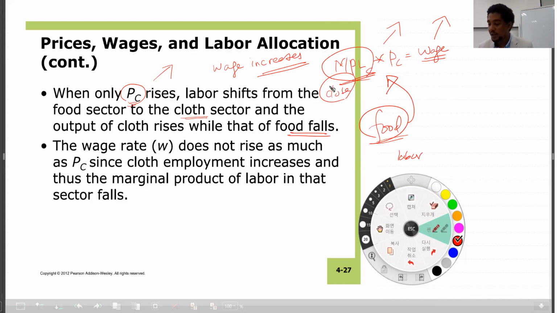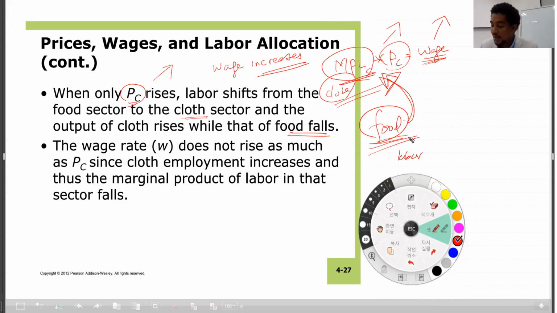We increased the price of clothes, and when you increase the price of clothes, the wage increases. When the wage increases, more laborers will be interested to work here. So those who used to work in the food sector will move to the clothes sector because it pays more. This means more clothes will be produced and less food will be produced.